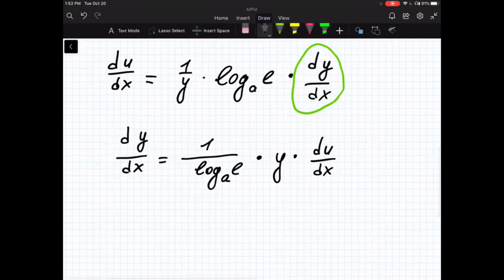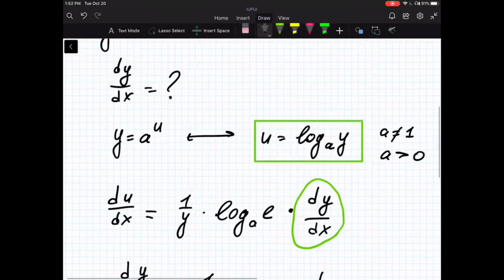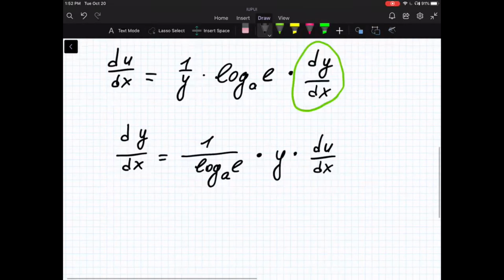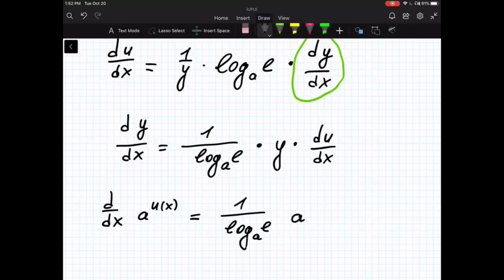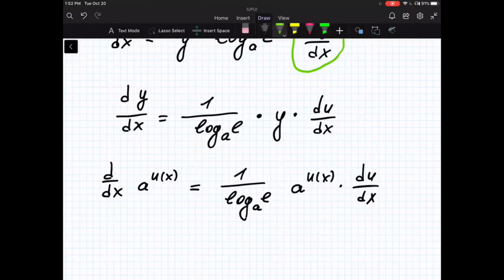But what is our y? We started with y equal to a to the power u, so we get that d over dx of a to the power u, which is a function of x, is equal to 1 over logarithm of e with base a, and instead of y I can write a to the power u of x, times du over dx. And that's what we needed.